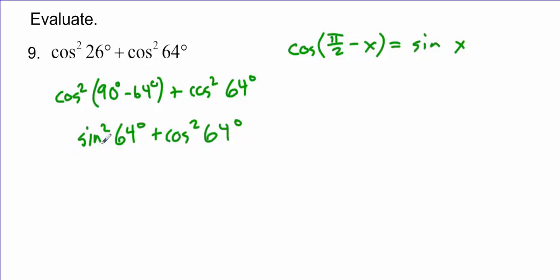Folks, we have a Pythagorean identity. Sine squared theta plus cosine squared theta always equals 1. So if you get this situation, see if you can adjust it to make the angles the same by switching functions. Again, kind of an out-there problem, but one that you'll see, so I wanted you to get a little bit of a view of it.